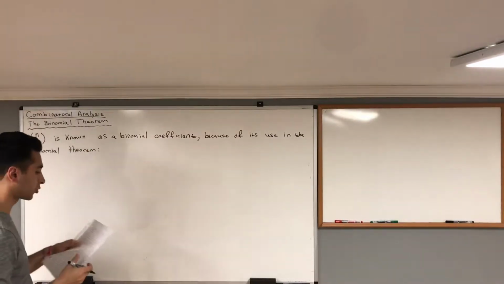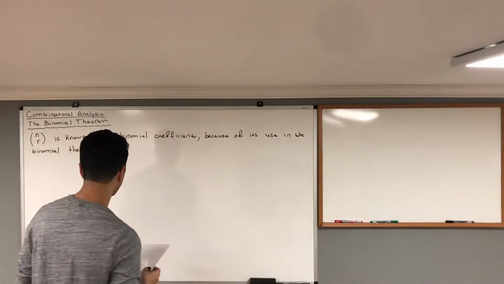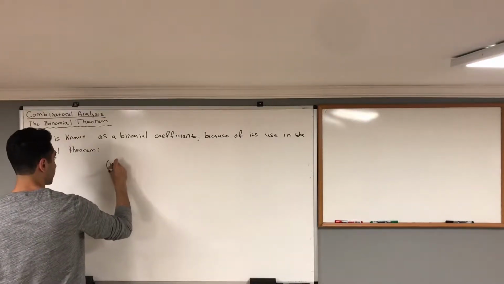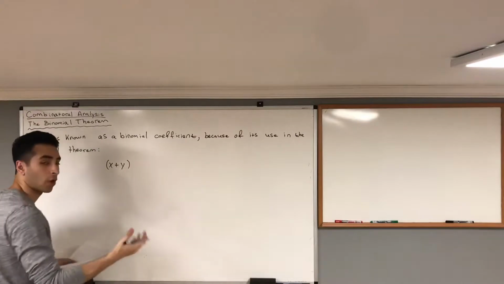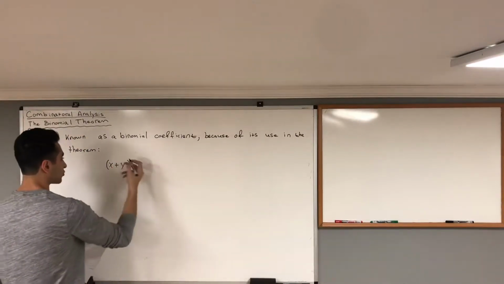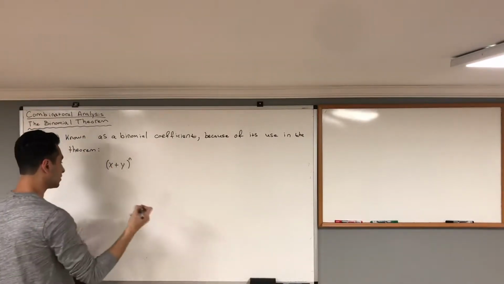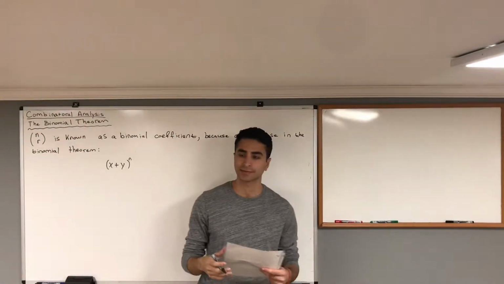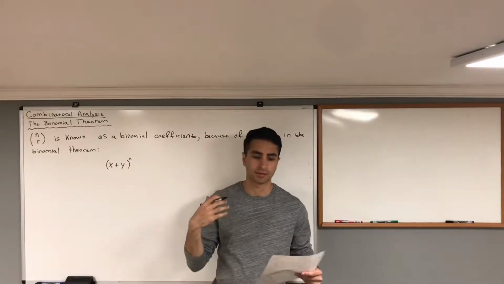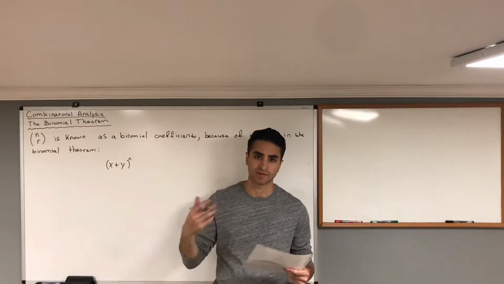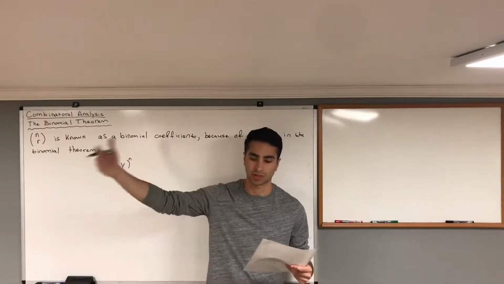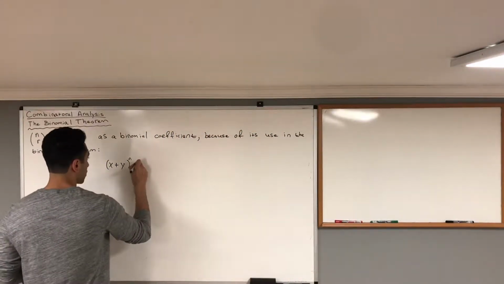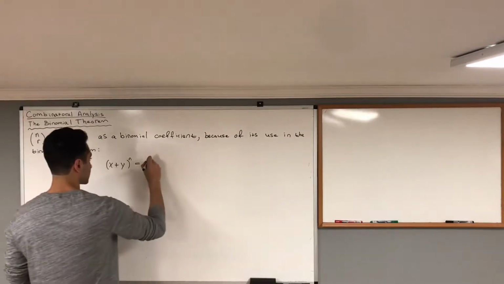And this is what the binomial theorem says. If you have a sum of two numbers, x and y, raised to some power n, where in our case n is a natural number, so it could be to the power of 0, 1, 2, 3, 4, etc. Raised to the power of n, this equals the sum.